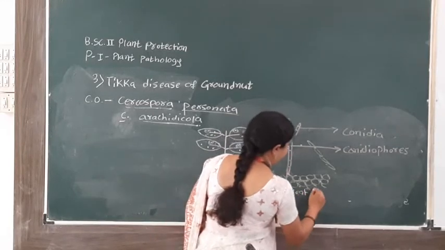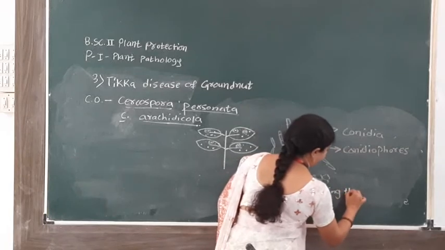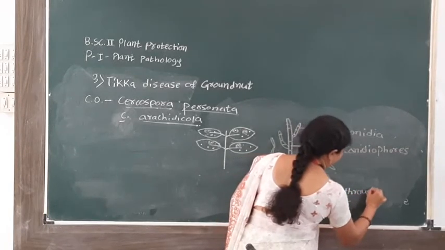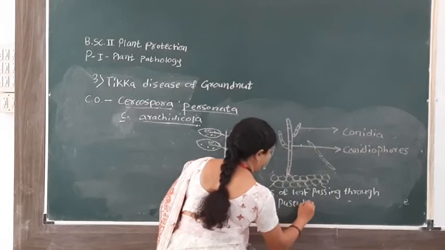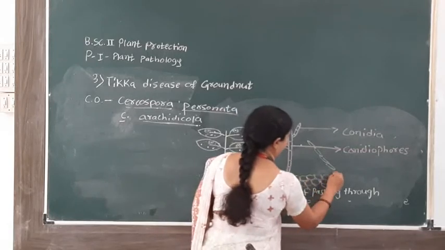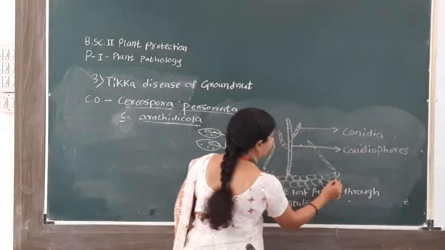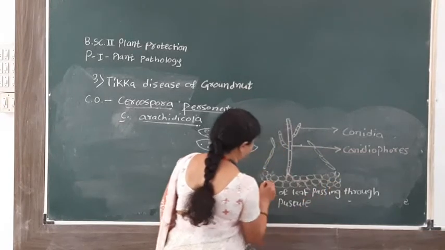This is the TS of a leaf passing through the pustule. It shows the ruptured epidermis, and this is the host tissue.